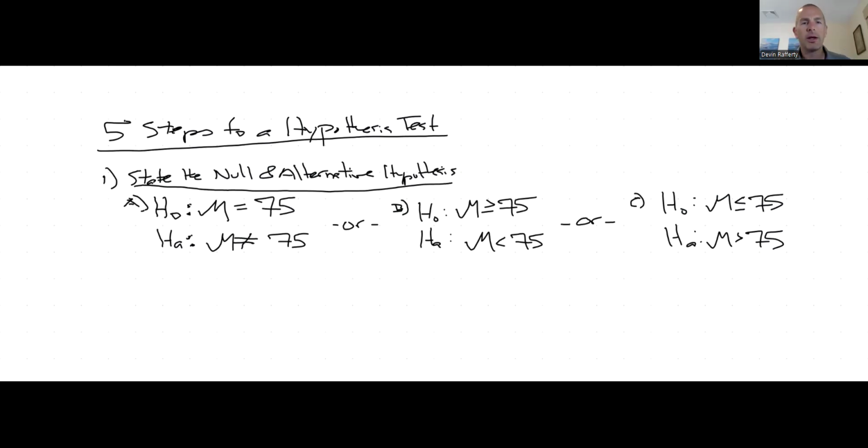As I mentioned, we are currently doing a one sample hypothesis test. We have our population means against specific values, against 75. But if I just change this 75, if I wanted to know what's going to have a higher price at the end of the day, Home Depot or Lowe's?